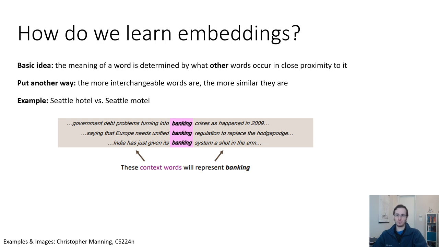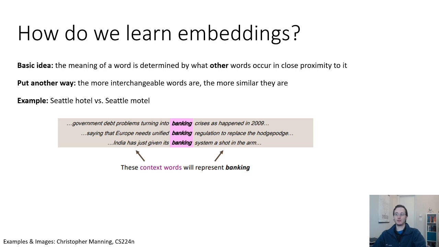Here's an example for the word banking. So these are three sentences that contain the word banking. Government debt problems turning into banking crisis, as happened in 2009, saying that Europe needs unified banking regulation to replace the hodgepodge of whatever. India has just given its banking system a shot in the arm. So from this, you might infer something about the word banking.